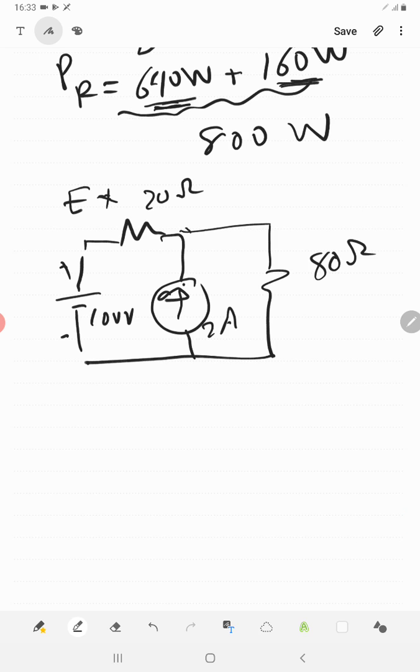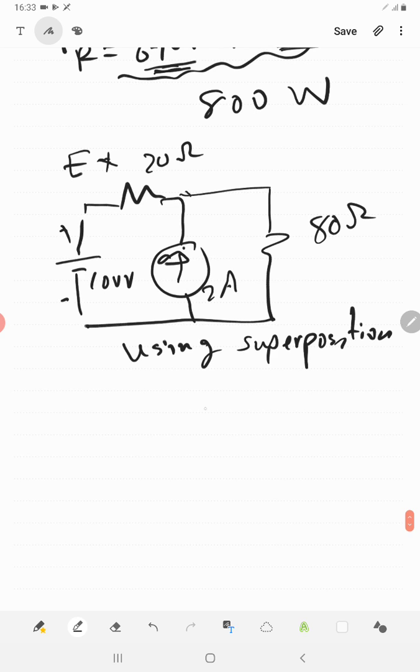We can use superposition, for example. Using superposition, we have two sources, which means we'll be having two individual circuits. Let's draw both circuits.